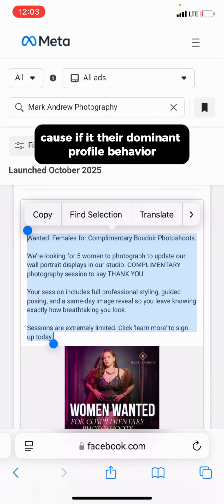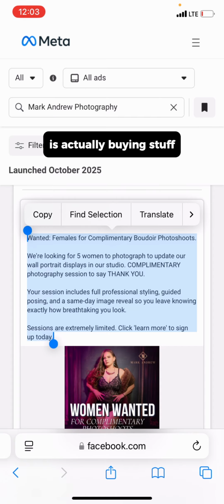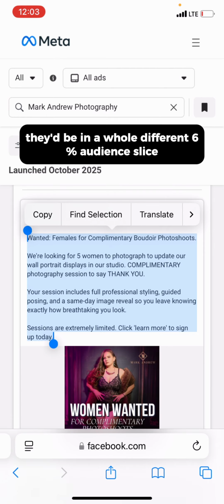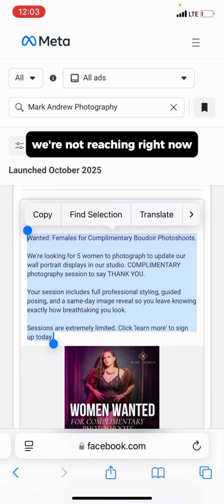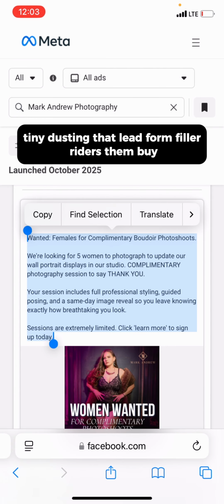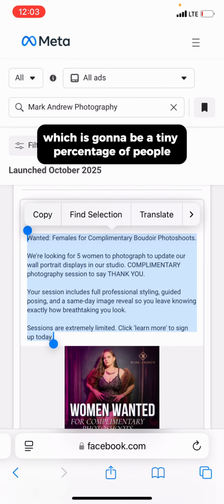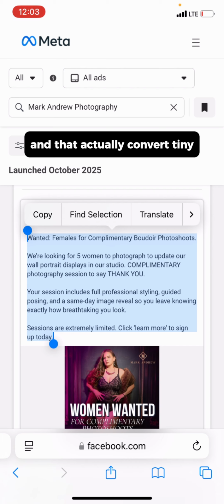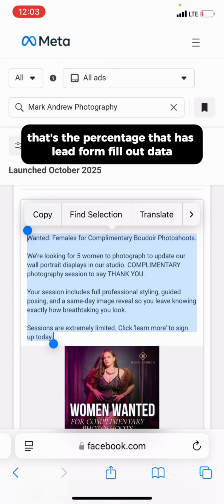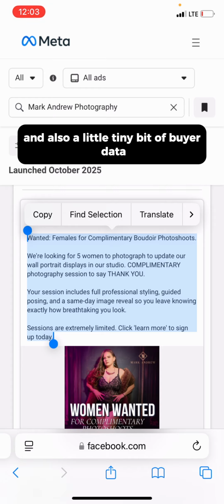Because if their dominant profile behavior was actually buying stuff, they'd be in a whole different 6% audience slice that we're not reaching right now. We're reaching a tiny dusting of lead form fillers that buy, which is going to be a tiny percentage of people. I mean, think of how many people are filling out lead forms and that actually convert. Tiny, tiny, tiny dusting percentage. Because that's the percentage that has lead form fill-out data and also a little tiny bit of buyer data.